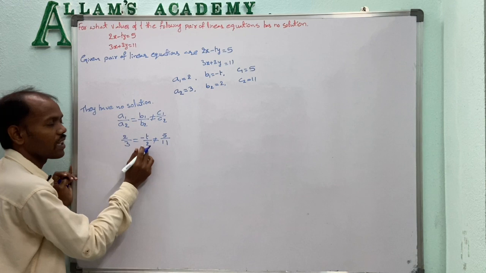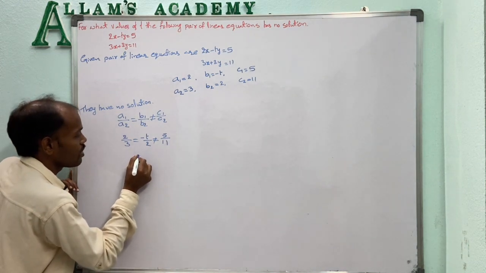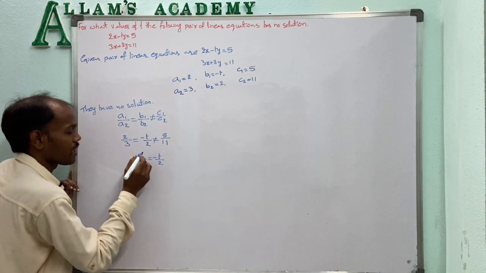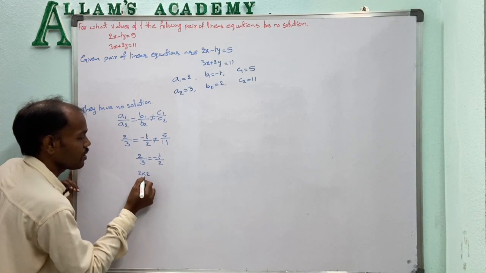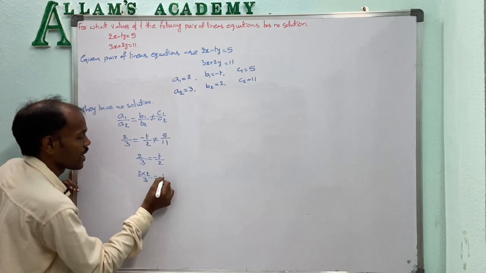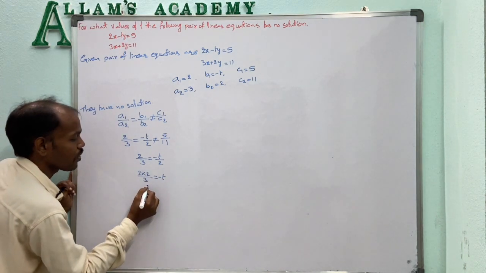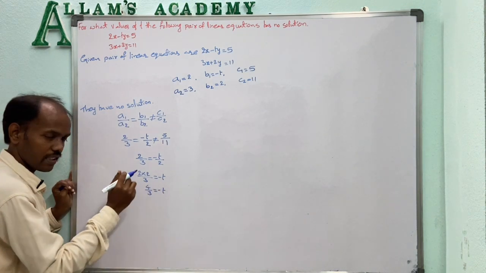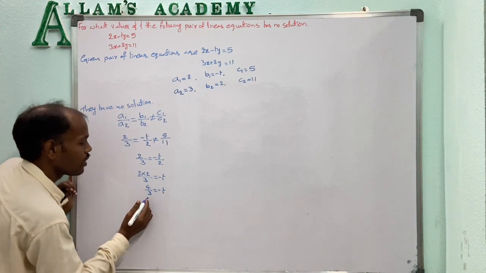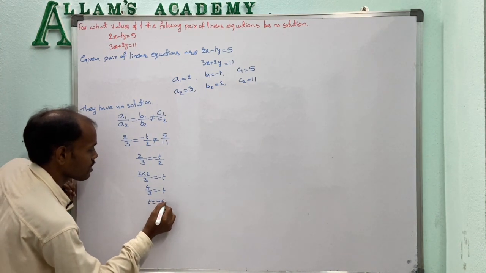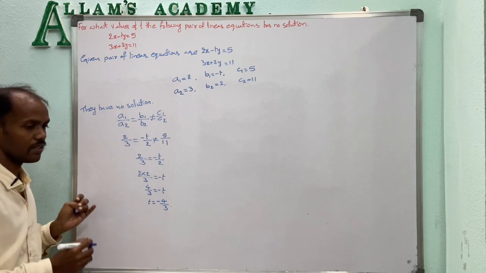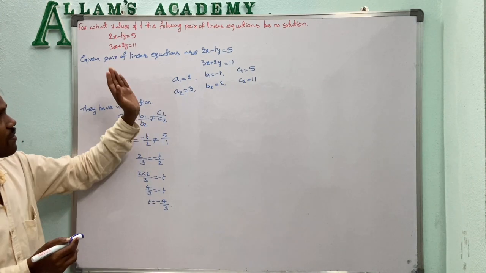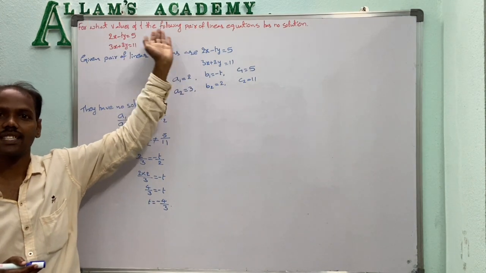Now we equalize the first two ratios, 2 by 3 equal to minus t by 2. By cross multiplication, 2 twos are 4 by 3 equal to minus t. Now sending the minus 1 across, t equal to minus 4 by 3. If we substitute the t value minus 4 by 3, then we get parallel lines and it has no solution.